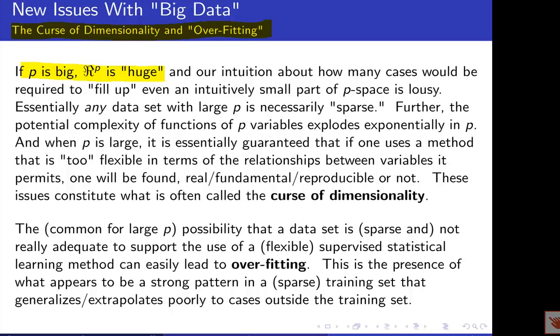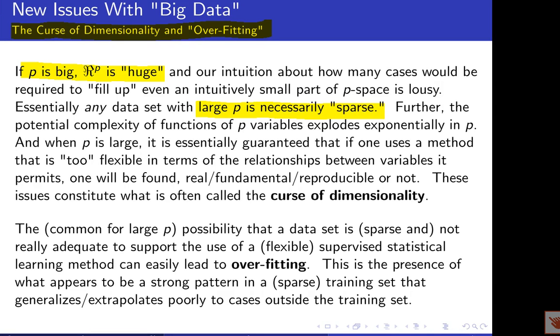And p-dimensional Euclidean space is just huge. The number of data points required to fill up even what one would think is a fairly small part of p-space is just way beyond anything that intuition would point to. And what that ends up meaning is that essentially any data set with a large p is going to end up being sparse.